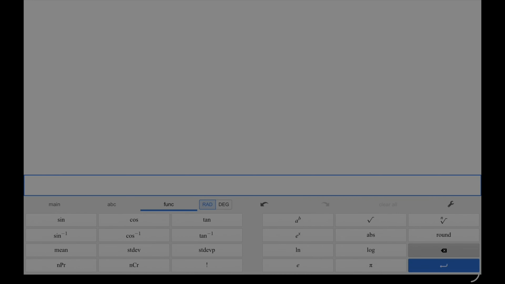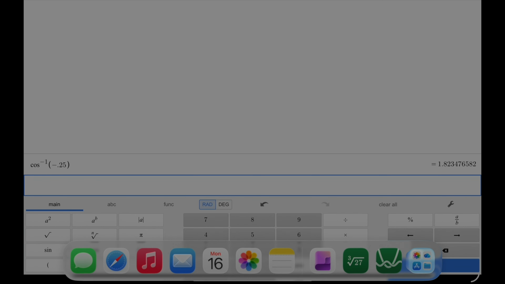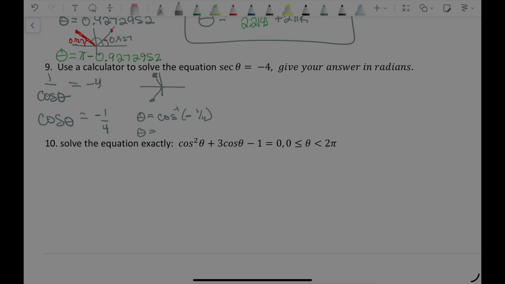Inverse cosine of -1/4 is 1.823. 1.823 gets you all the way there. Okay. Plus any full cycle later.